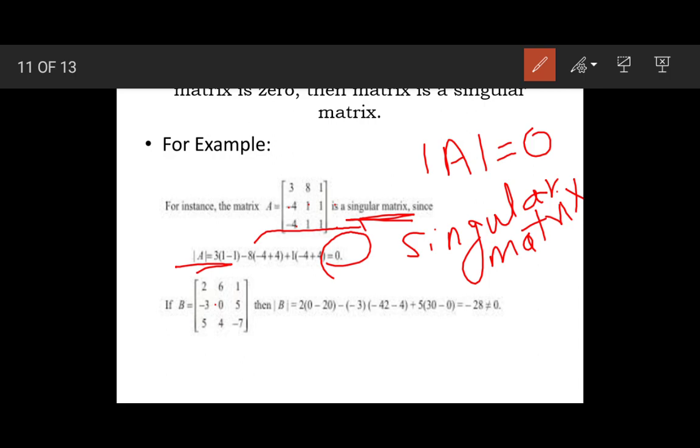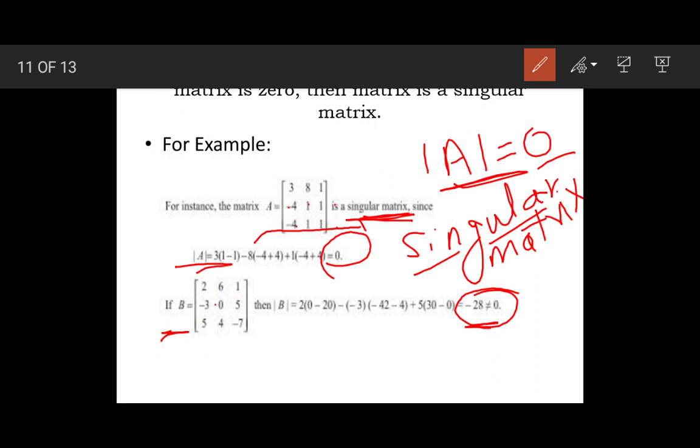To check whether the matrix is singular or not, what we have to do? We have to find the determinant of A, and if it is equal to 0, then the matrix is a singular matrix, and if the determinant is not equal to 0, see in example B, the determinant is -28. So the determinant is not equal to 0.